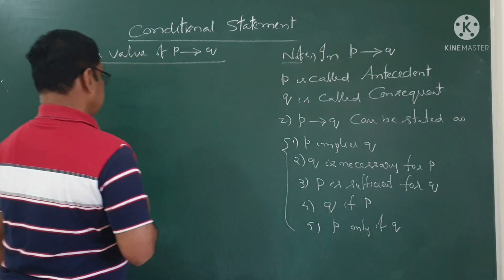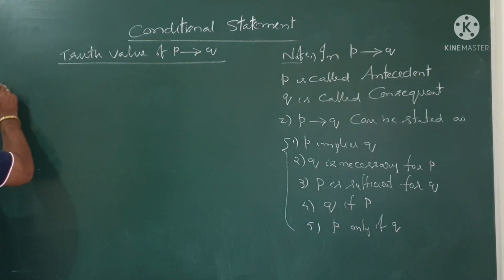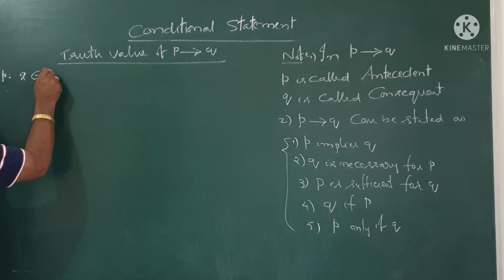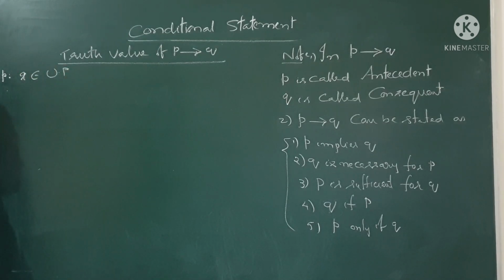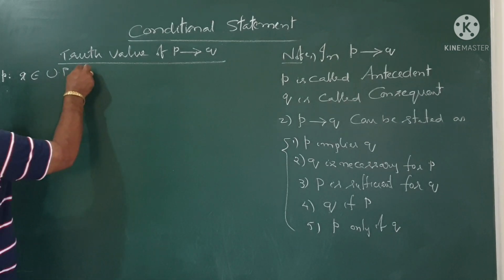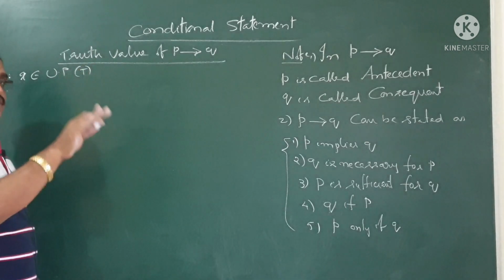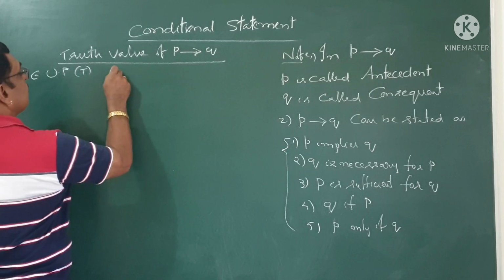Example: let X be a person who belongs to UP, Uttar Pradesh, and let the statement P be true.